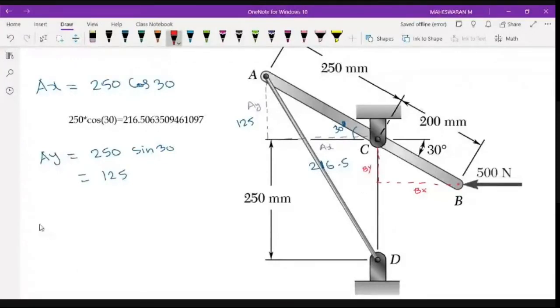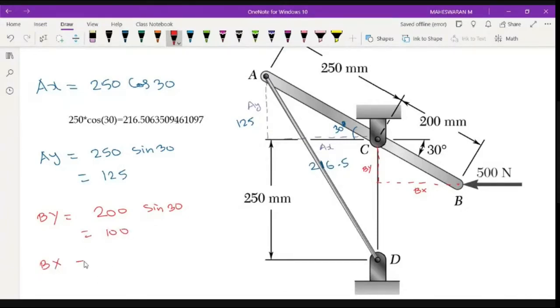So next, if I concentrate on By, again, there is a 30 degree angle, so By will be 200 sine 30, which is 100.